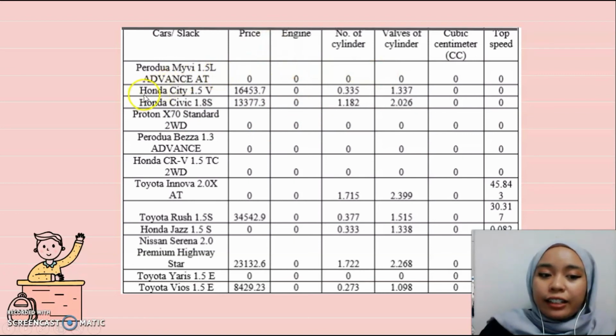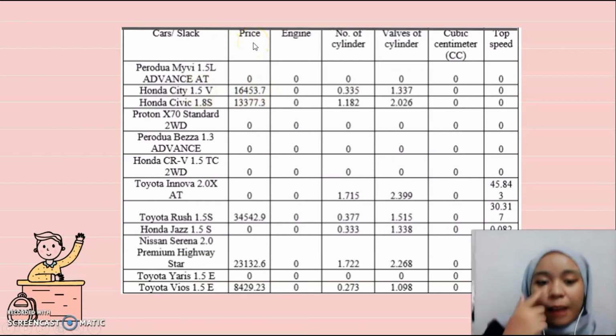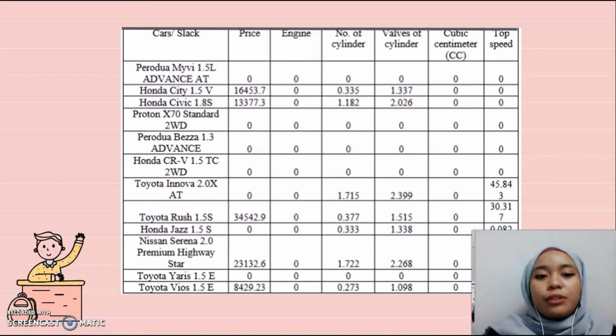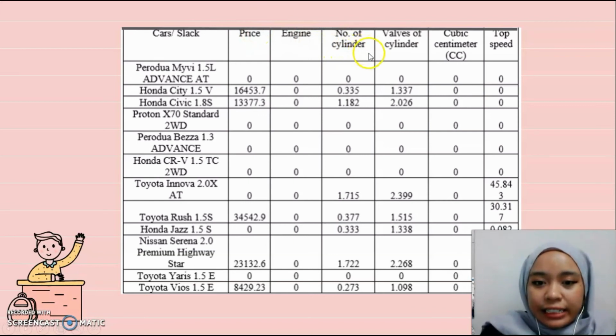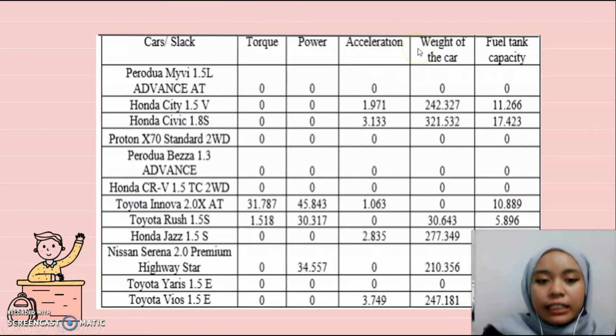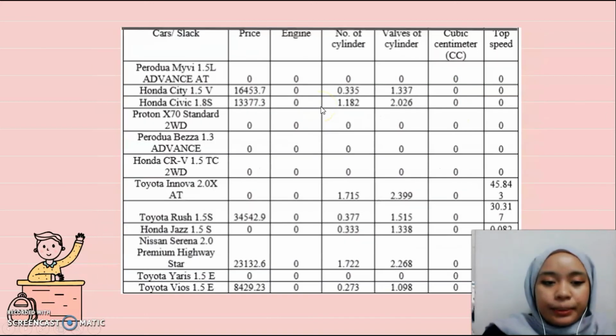If you take a look at the Honda City, there is a value which is 16453.7 in the input of price, meaning that the Honda City is not efficient in terms of its price, and also number of cylinder, valve of cylinder, acceleration, weight of the car, and the fuel tank capacity.